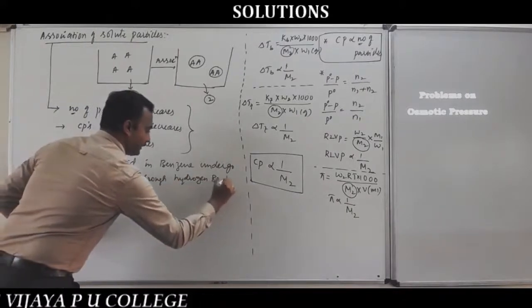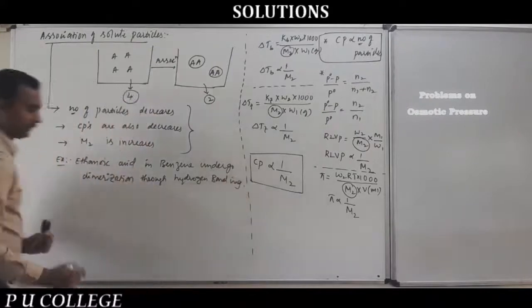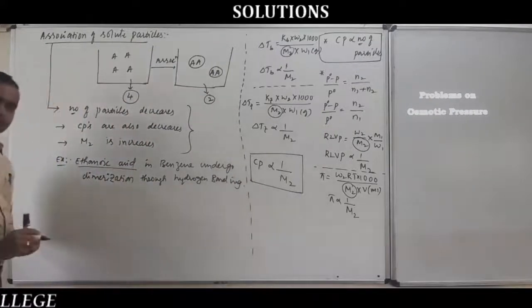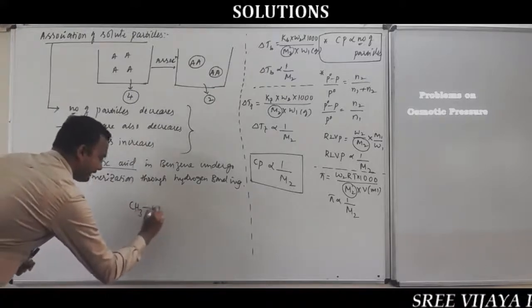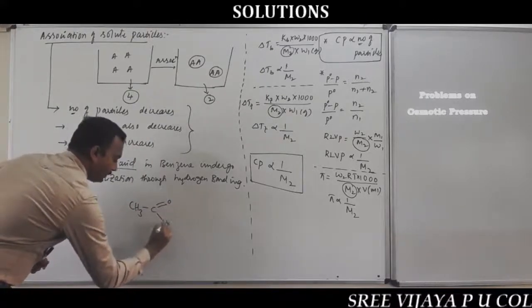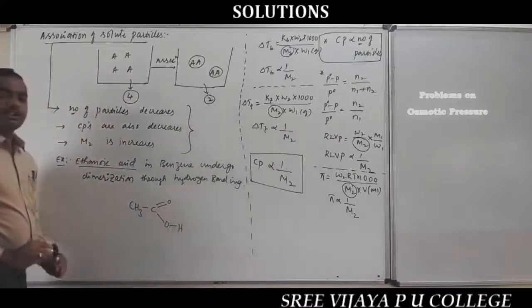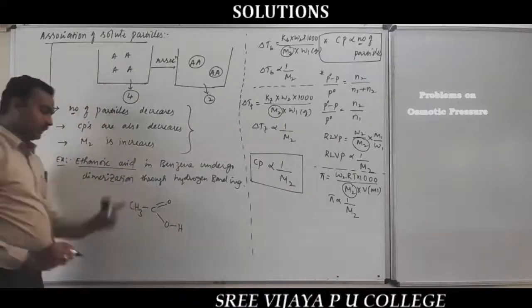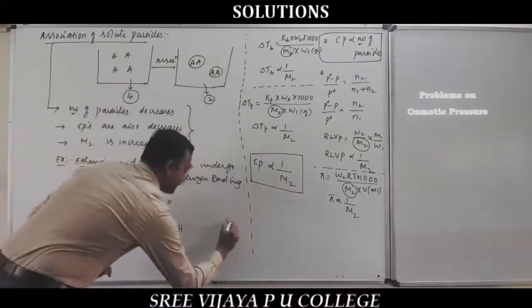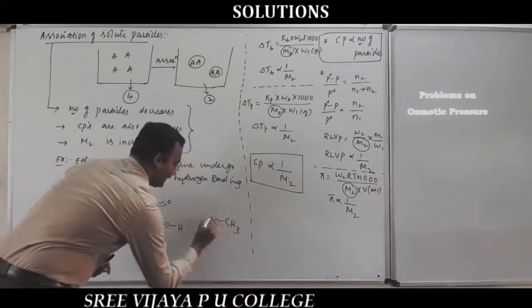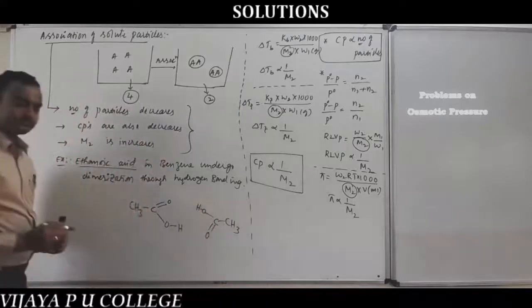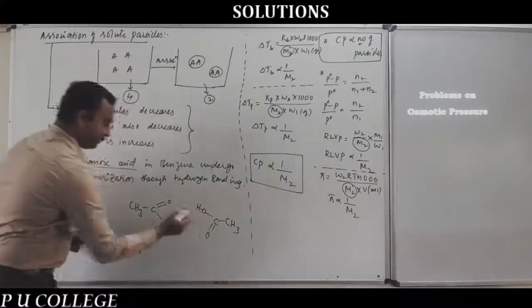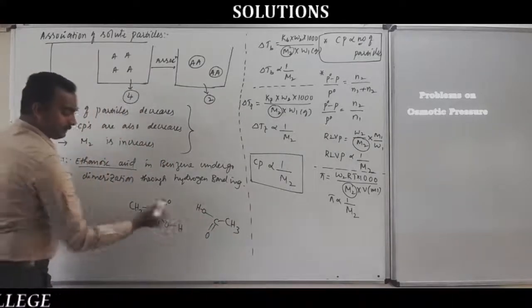Let me take ethanoic acid as the solute particle here: CH3, C double bond OH. This is the ethanoic acid. Let me take another ethanoic acid molecule, that is CH3, C double bond OH, and CH3, C double bond OH.